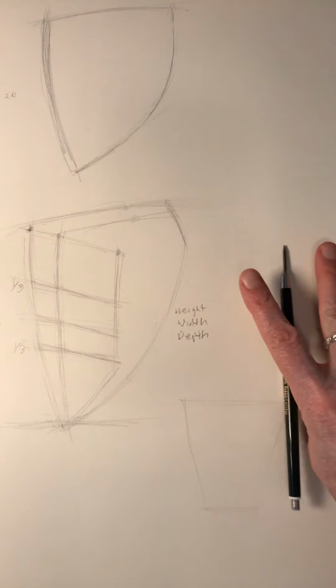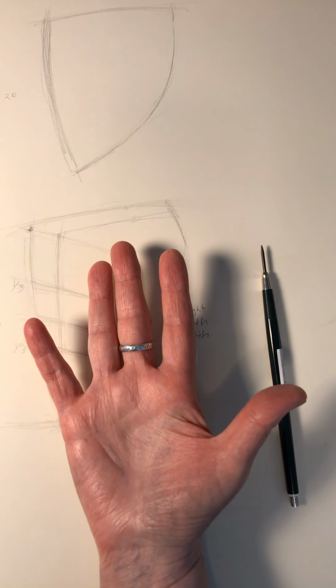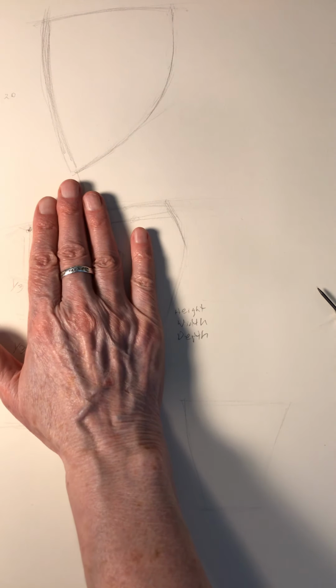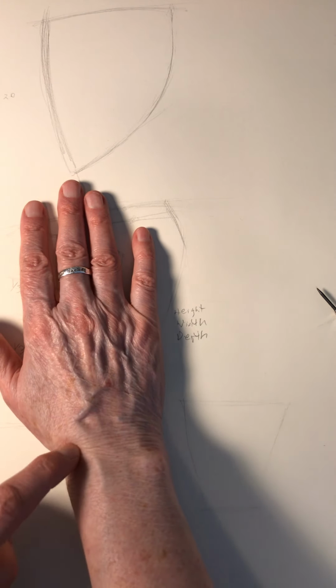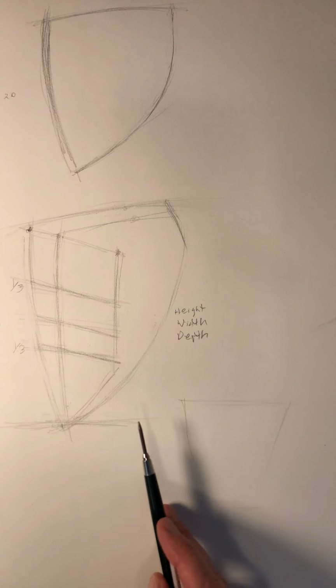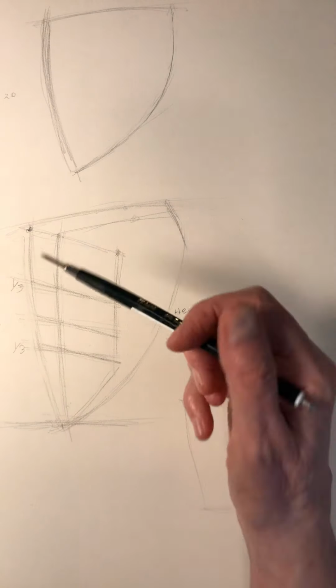So that is about one head length from here to here. And that's a good measurement. And if you hold your hand up to your drawing and you can decide from here to here, you can determine really easy what is life size. So that's the front plane of the face.